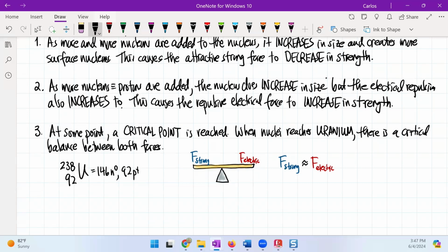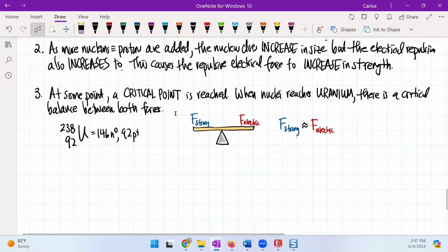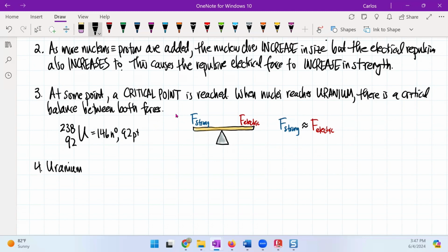So now we make our last statement. Uranium is the last naturally occurring element.